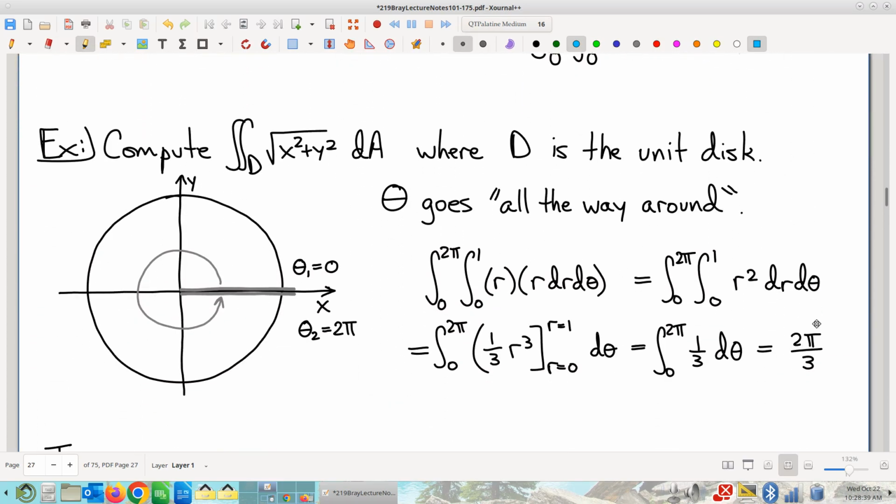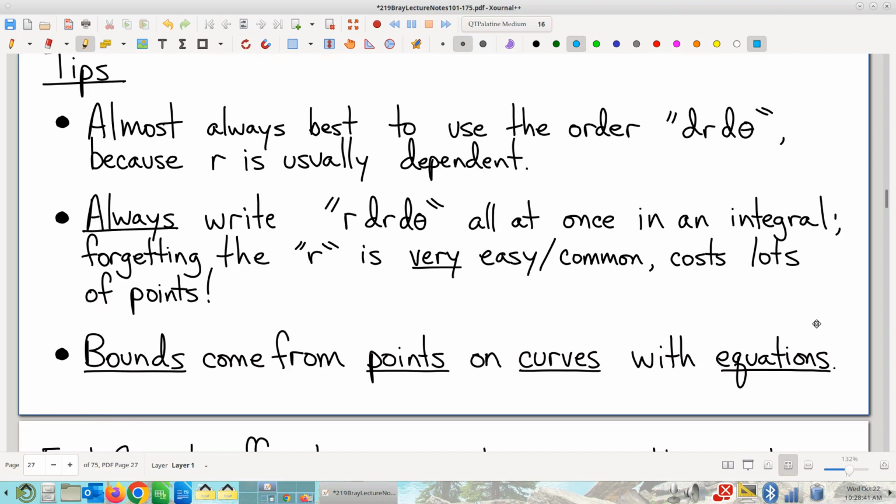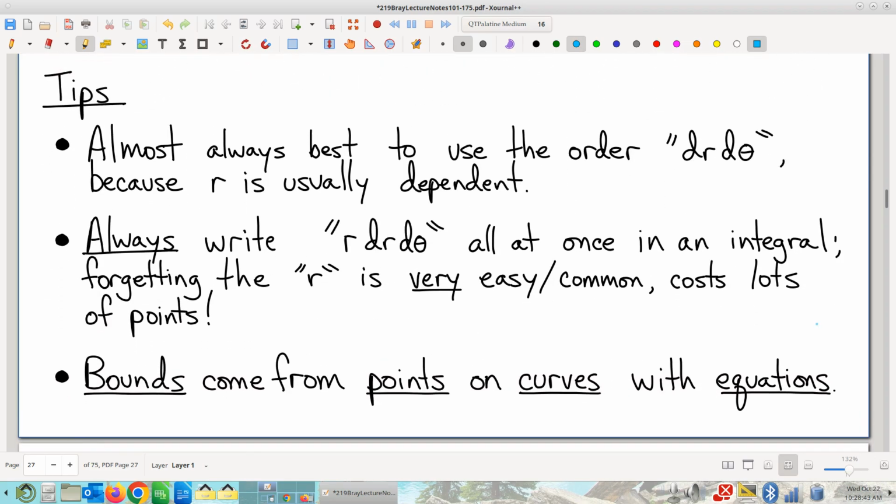Let's see here. Okay, so we're going to do a few more examples. Couple of tips. This is not quite an always thing, but it's so close to always, it might as well be for all practical purposes, certainly for Math 219, just always use dr d theta.